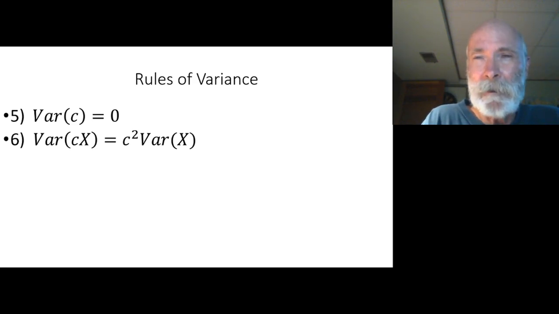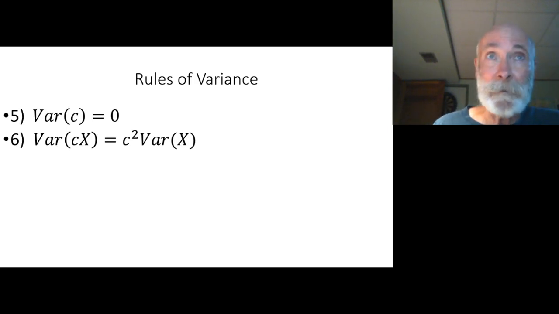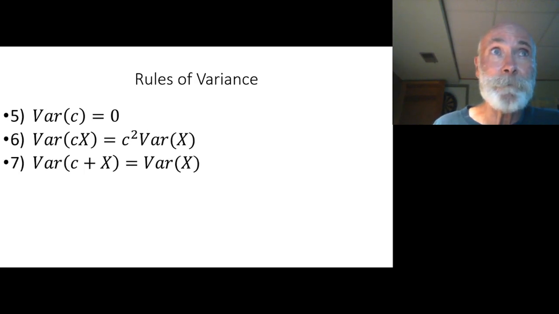So you need to guard against that both when you're reading papers and when you're writing your papers. If you're transforming your data in some way, you have to be careful about how you're presenting the variance if you report it, and depending on how you use it.